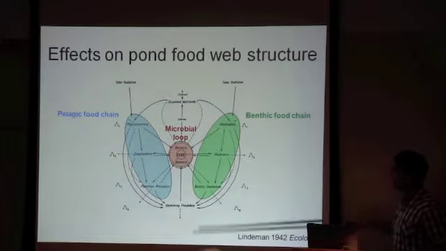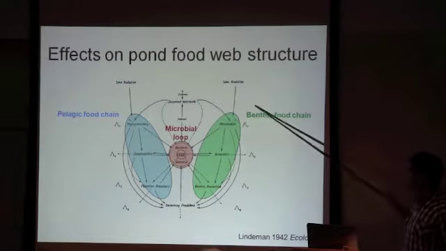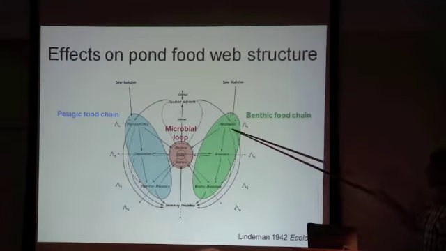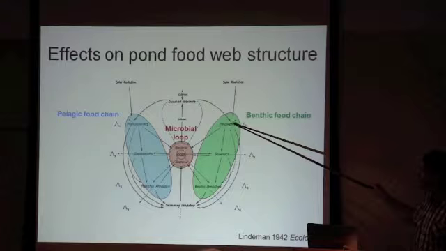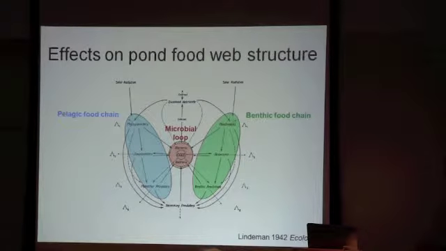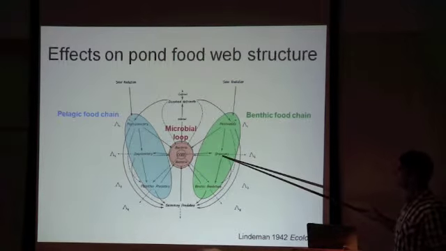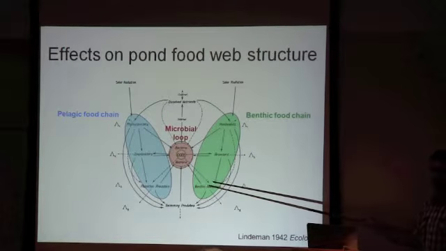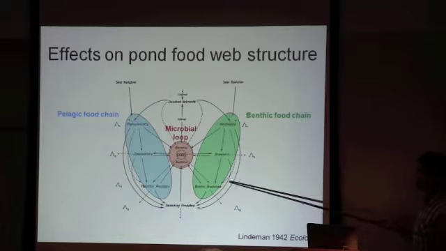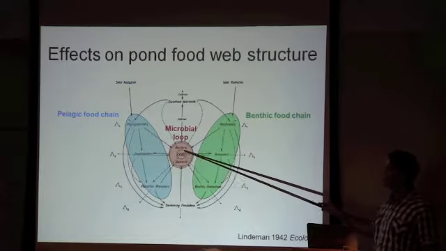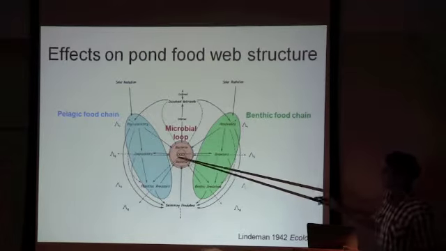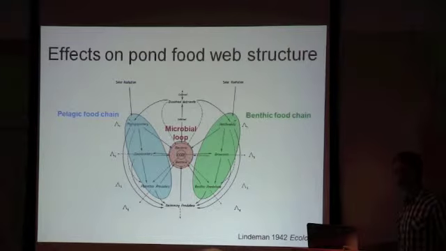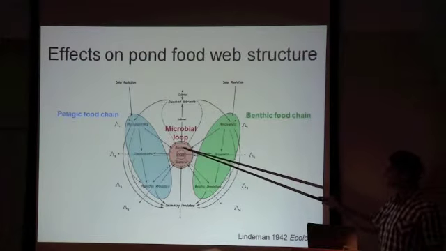You also have a benthic food chain, where you have pond weeds or vascular plants, or things like periphyton, things that live in the benthos attached to the bottom. They're eaten by browsers like snails or tadpoles or insect larvae. They're eaten by their own predators. And then these big swimming predators swim around and feed in both of these environments. But all these things die, and they contribute to the ooze, which many of you have probably encountered in your own experience with lakes, which is the dead organic matter sitting at the bottom, which is being mineralized by bacteria.